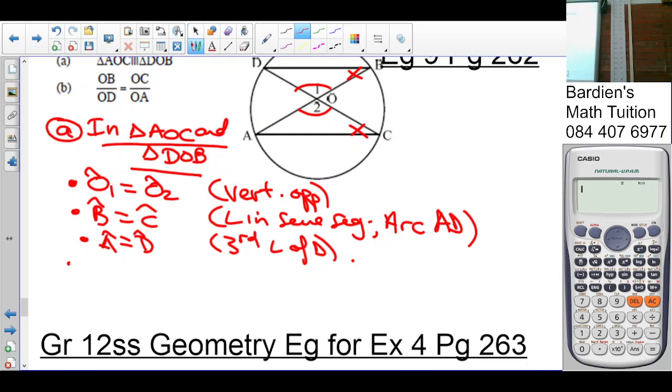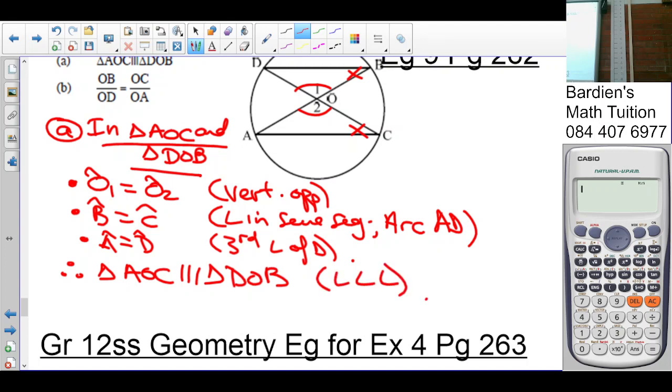Okay. So I can conclude therefore triangle AOC is congruent, not congruent, similar to triangle DOB. Okay, why? Angle, angle, angle. Alright, are you all okay with that?